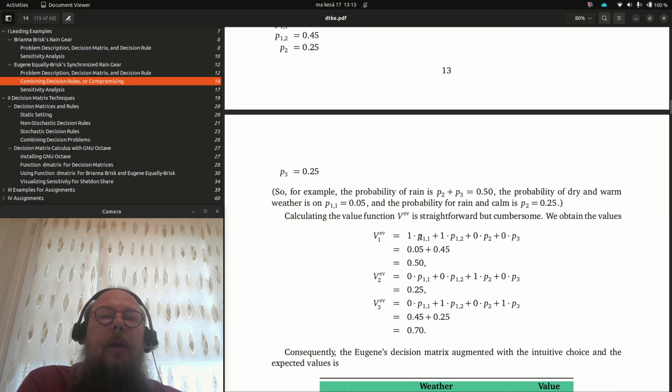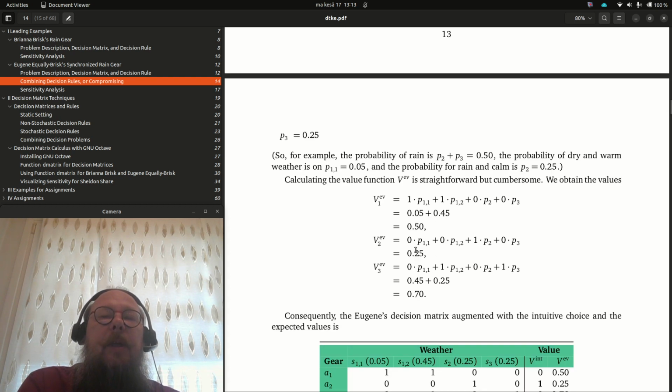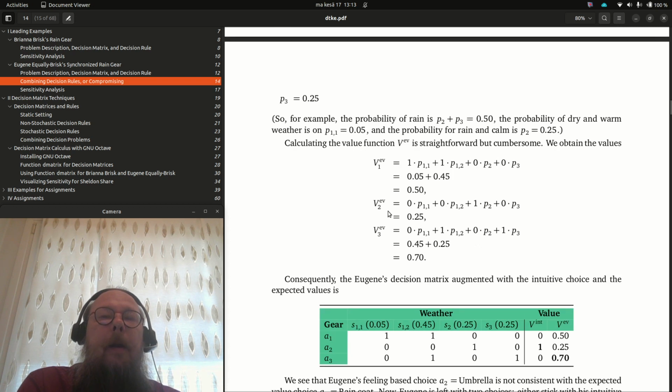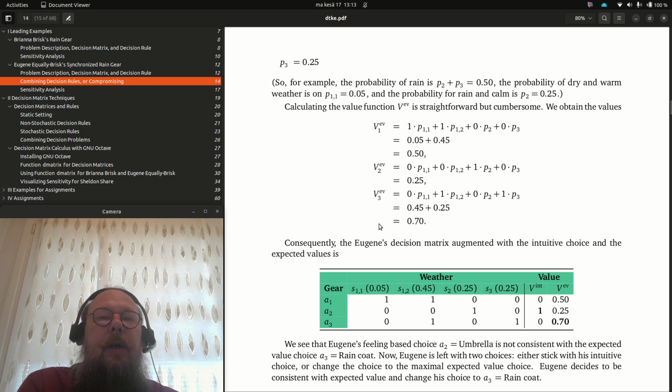So it's calculated here, 1 times P11, plus 1 times P12, 0 times P2, and 0 times P3. It's 5% plus 45%, that's 50%. In the same way, you calculate for the next row and the last row. Okay. And now, so these are the expected values of all these decisions.